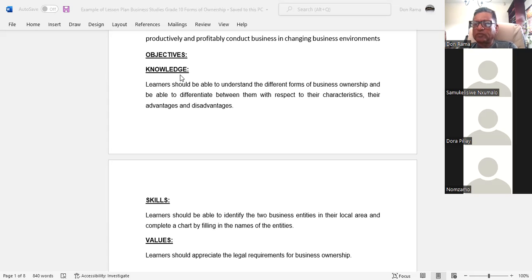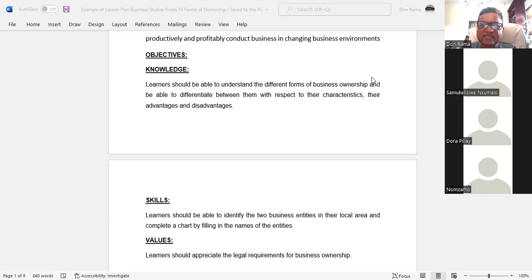For knowledge, the important word here is understand, because that's the purpose of teaching this topic. We want them to understand the forms of business ownership. So we say learners should be able to understand the different forms of business ownership and be able to differentiate between them with respect to their characteristics, their advantages and disadvantages.